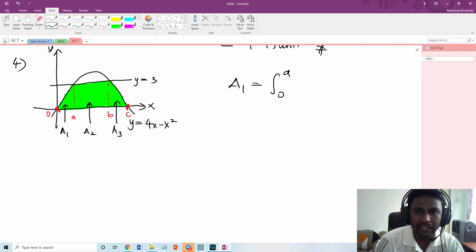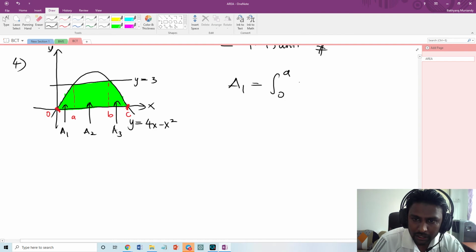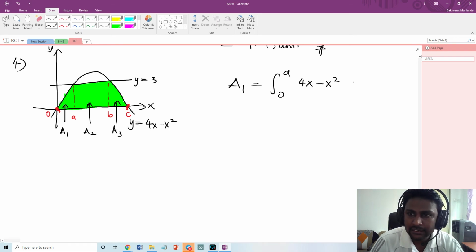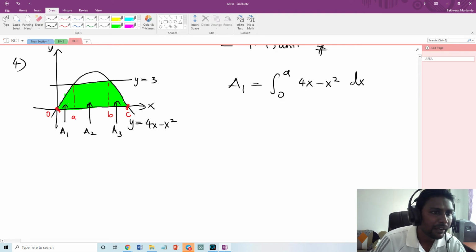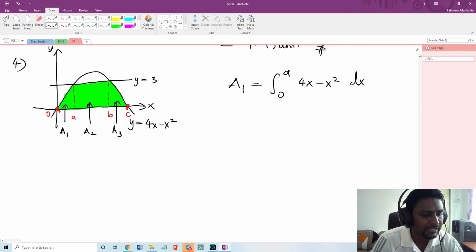Okay, 0 to A. What is our function? Yeah, correct. 4x minus x square, and at the back here is only dx. We only do it up to here, because the 3 is not related; only the function f(x) = 4x minus x square is related.